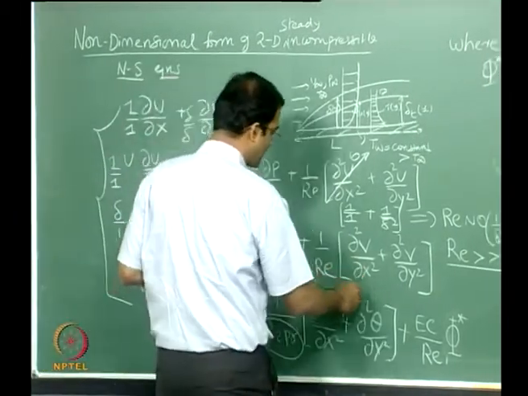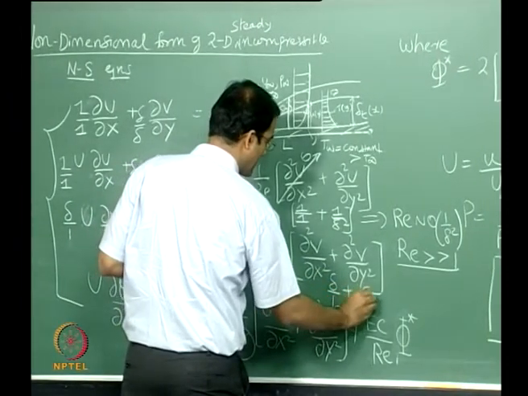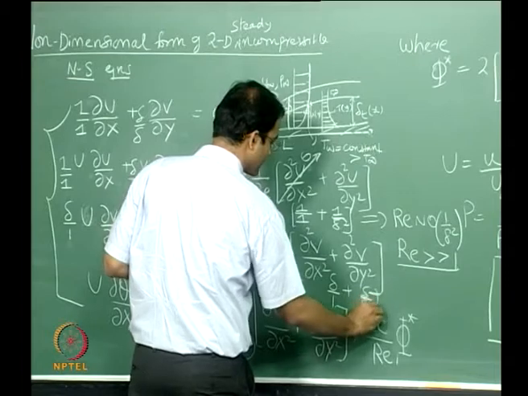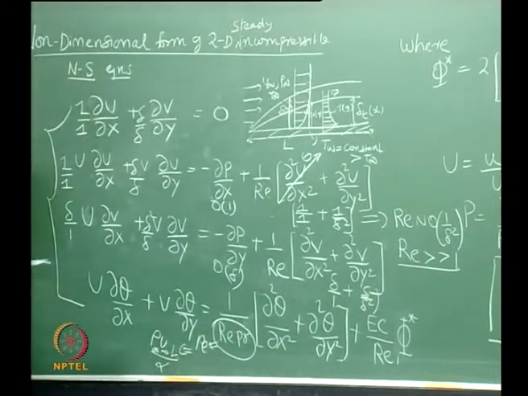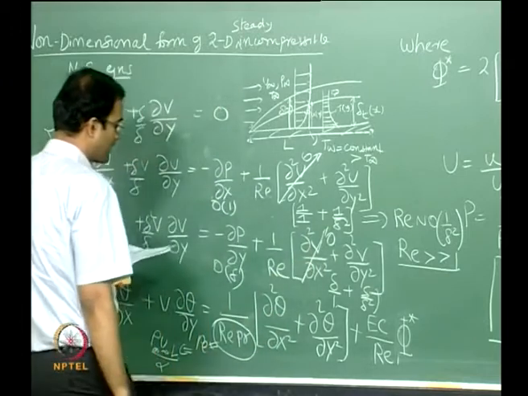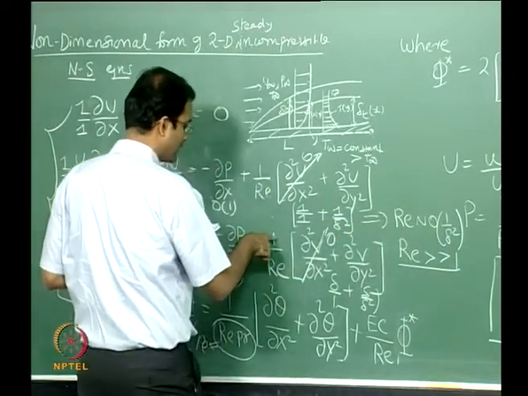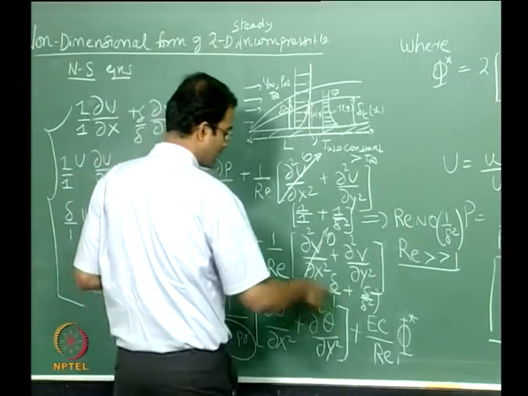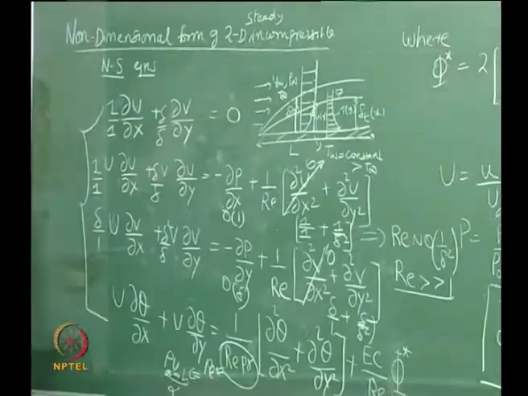Coming to these two terms, you have delta by 1 plus delta by delta square. So this is 1 over delta, this is delta. Which is the more dominant term? 1 over delta. So we can neglect this, and we already know the Reynolds number should be of the order of 1 over delta square. If you put that, you will find that now all the terms are of the order of delta.